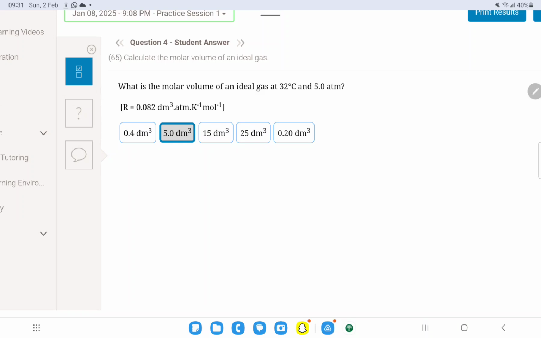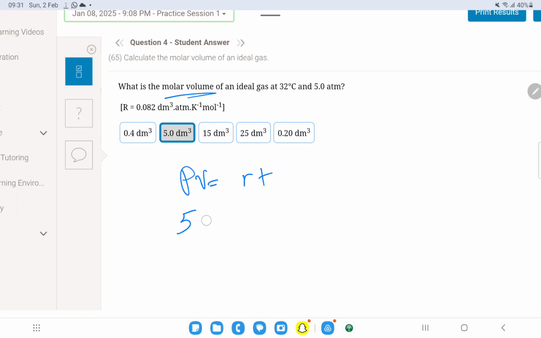What is the molar volume of an ideal gas at 32 degrees Celsius and 5 atm? So molar volume, so it's 1 mole. So PV equals nRT. N we can remove it because it's 1. P is 5.